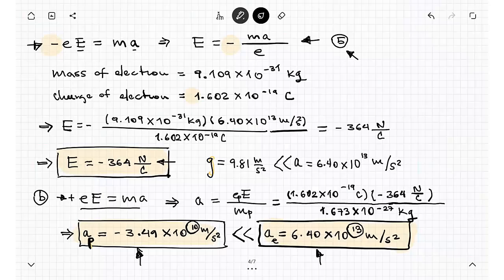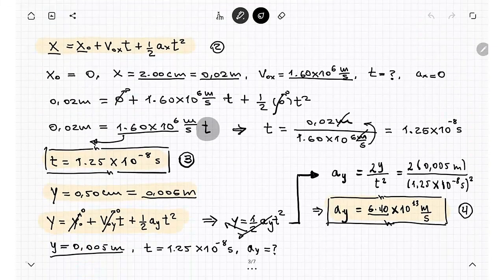The vertical deflection is less. Why? Let's go to the illustration. The vertical deflection is less, and the proton won't hit the plates. So the proton will leave the region between the plates. Let's go to the illustration and see what happens.